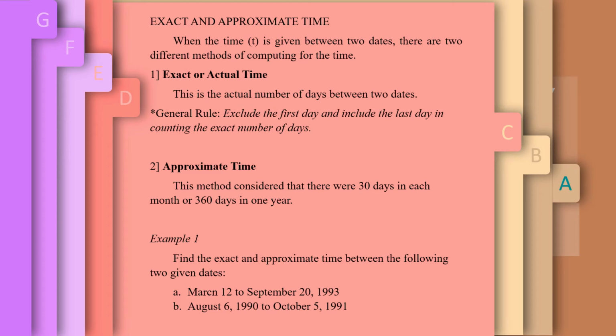So we have to find the exact and approximate time between the following two given dates. From March 12 to September 20, 1993. And the second one is from August 6, 1990 to October 5, 1991.